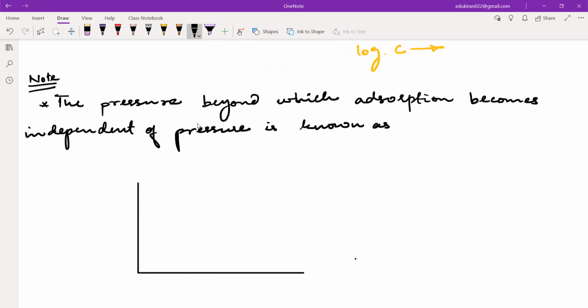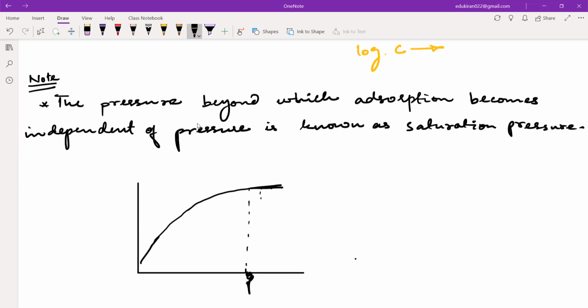So you have seen one graph now. Here we have seen that when the pressure increases, the adsorption also increases, but slowly it flattens out, right? So when it flattens out, this is the pressure at which, if I now increase the pressure, there is no change in the concentration of adsorbate on adsorbent. So this pressure is known as saturation pressure.